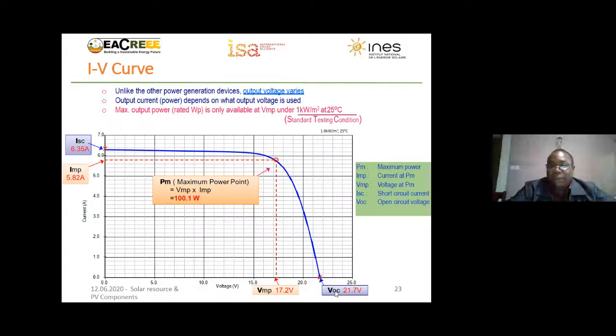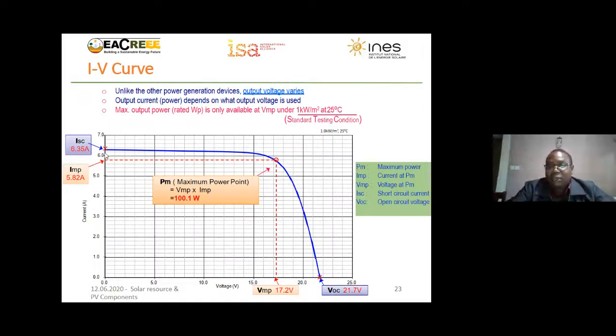So this graph is very critical, because when you connect a battery to a solar PV, for instance, a battery of about, let's say, 14 volts, and you are charging it on a solar PV panel, then the current to that battery from the panel will be slightly higher than the current at maximum power.